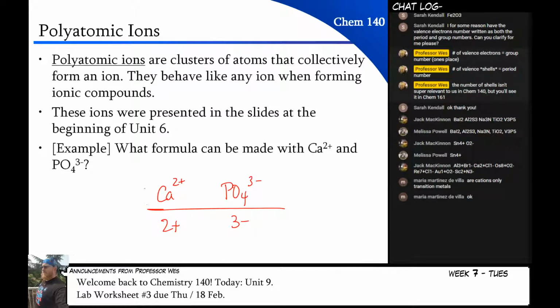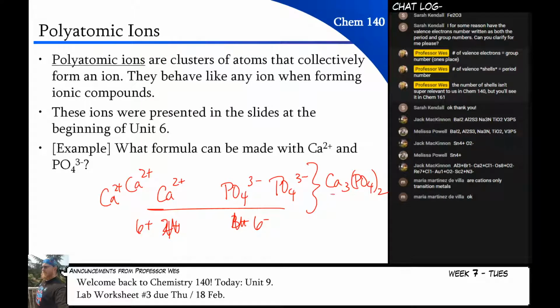I have too many negatives, so I need to add more positive. This becomes a 4. Now I have too few negatives, so I'm going to add another phosphate. So this becomes 6. That would be our balance for charge. So I would write the formula as 3 calcium, Ca3, and then I have 2 phosphates, so I have to put them in parentheses. That would be the formula of my ionic compound.